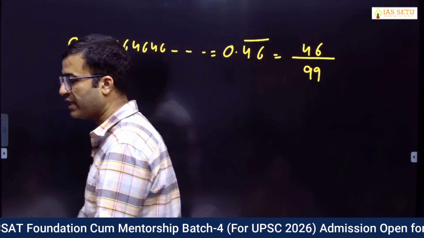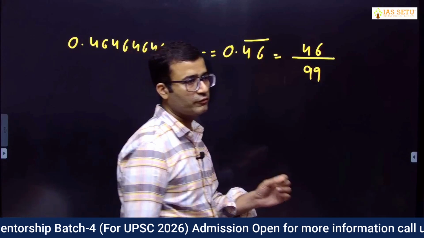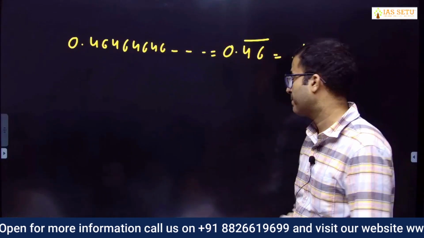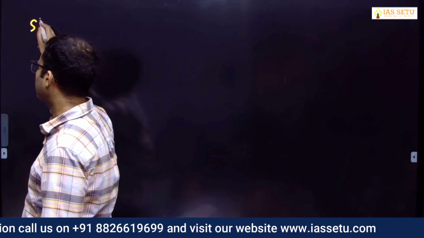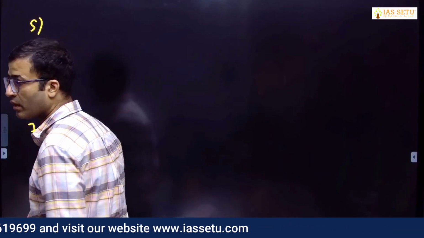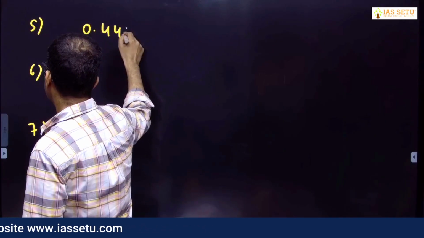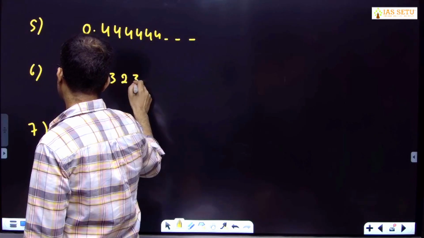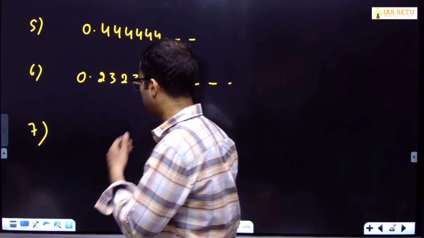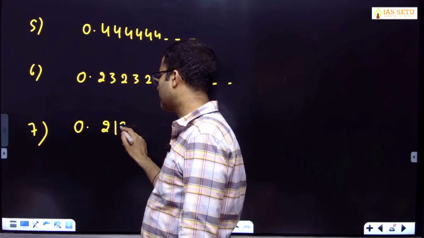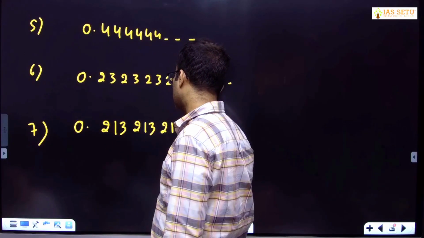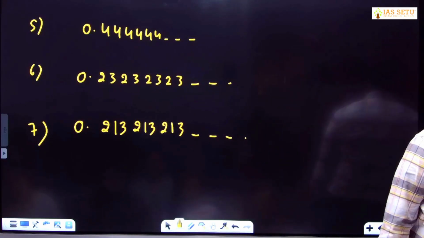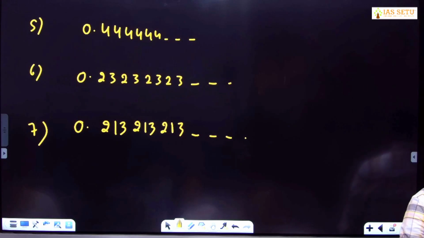46 upon 99 is the fraction for 0.46464646. I ask you 3 questions. Take time. Examples number 5, 6, 7. 0.444444, 0.23232323 and so on, 0.213213 and so on. Take time and keep the answer with yourself. Convert all these recurring decimals into fractions.